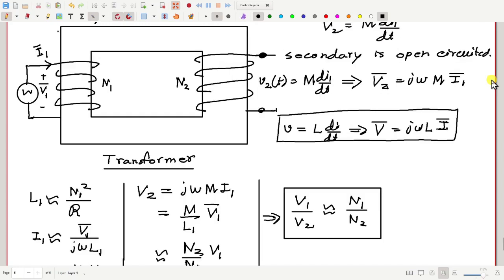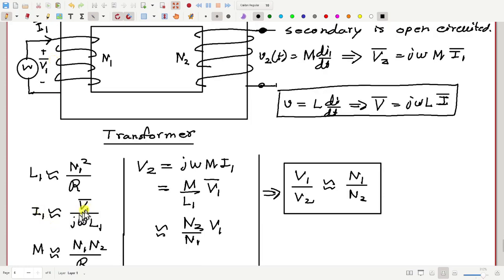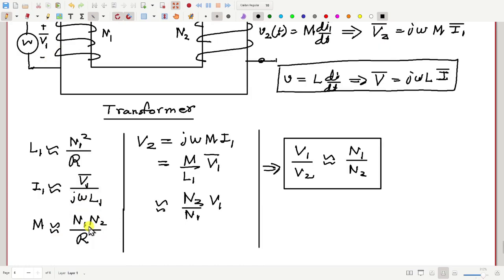And how much will be the value of I1 under this situation? As we have just seen, it is given by V by j omega L1.